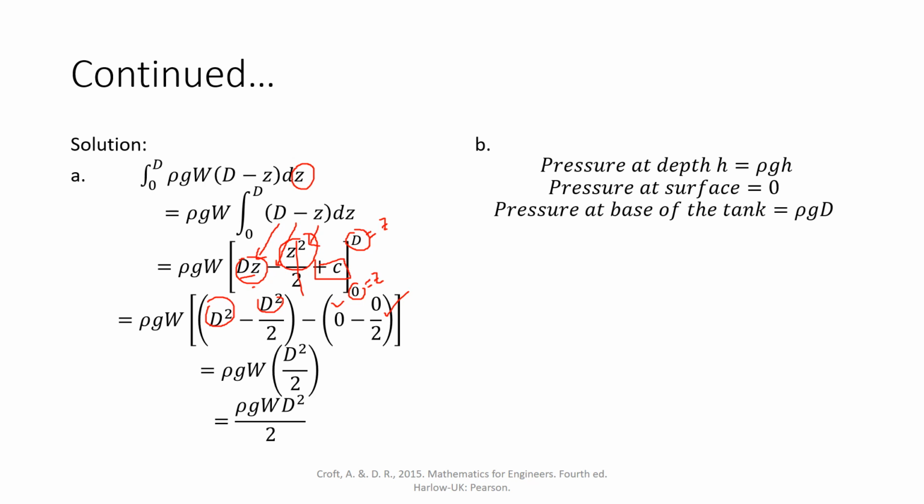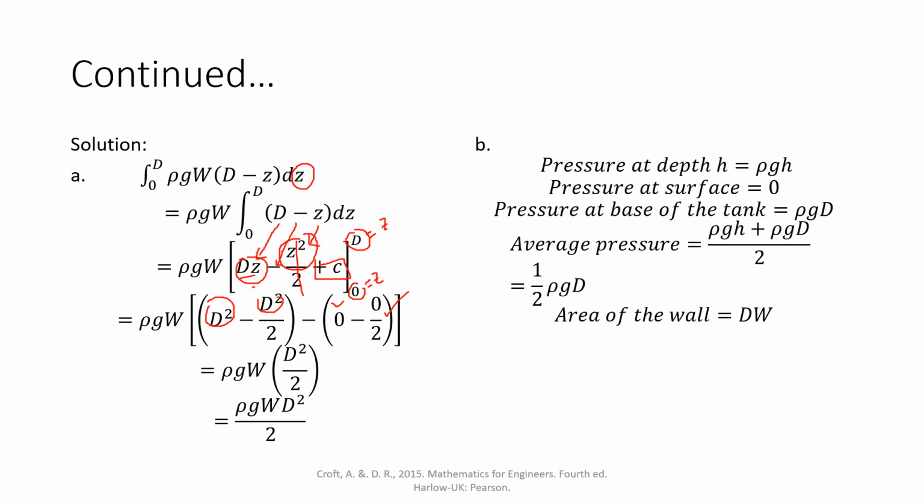Pressure at the base of the tank is rho gd because this is the top of the tank. Average pressure, so if we take the average of the pressure at the depth h and the pressure of the tank, we take this half rho g. So take typical average.